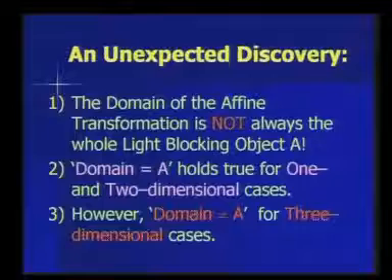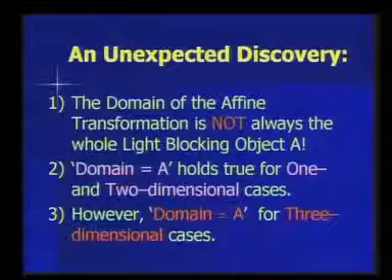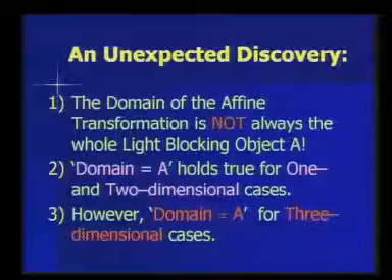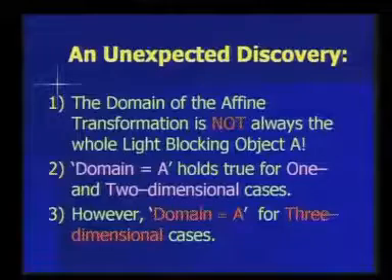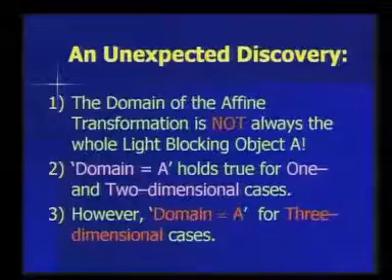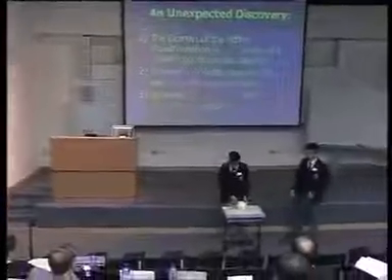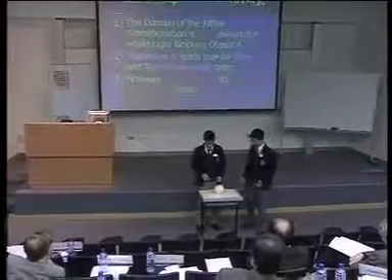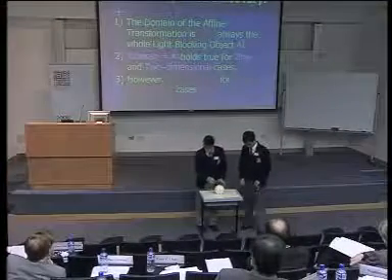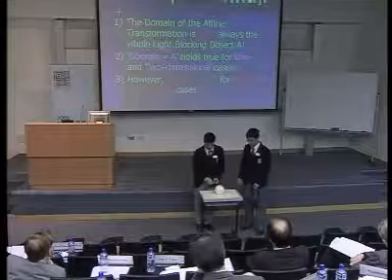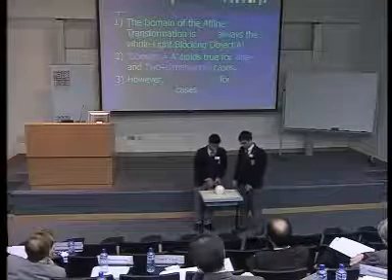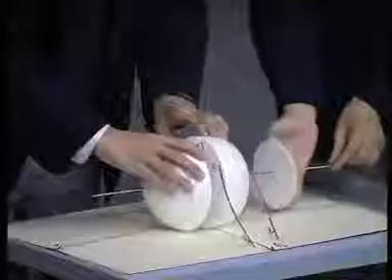However, for three-dimensional cases, we cannot say that the domain is equal to A. Now, let us demonstrate with the model here. We are going to demonstrate the relations between the sphere here and the four parallel straight light rays here. Now we cut it into small pieces of cross sections.